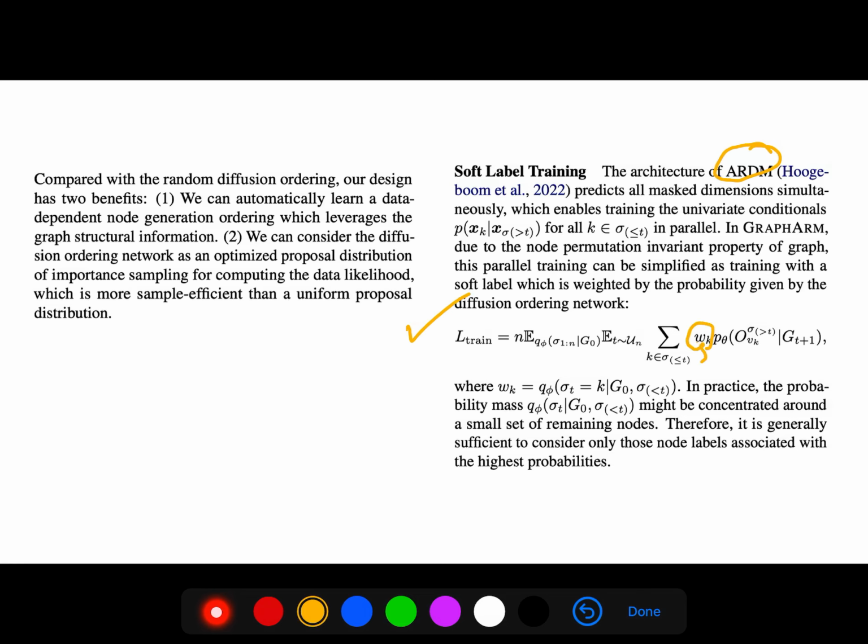The weights of that are just Q phi. In practice, the probability mass might be concentrated around a small set of remaining nodes, so it is generally sufficient to consider only those node labels with high associated probabilities.